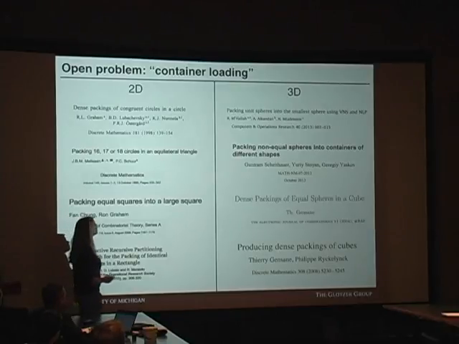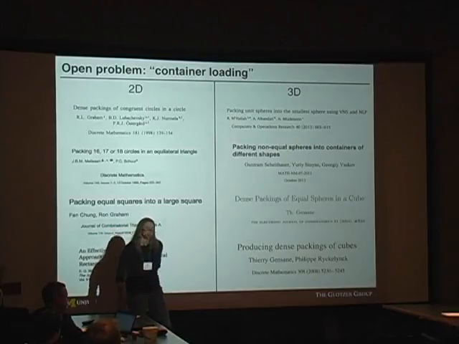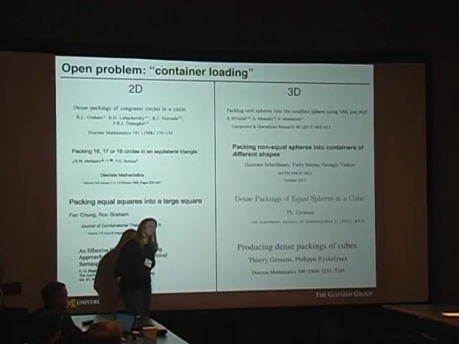When you move to the three-dimensional case, which is what we're interested in, it turns out that people have almost exclusively been looking at packing spheres inside various geometries. Is this sequential packing, or are you shaping them, or how do these guys do it?